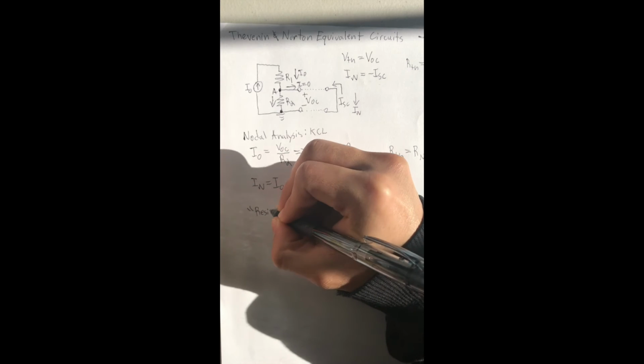A second way we can use to find the Thevenin resistance and Norton resistance is to find the resistance looking in. I've actually written a few notes on this so you guys can take a look at it.